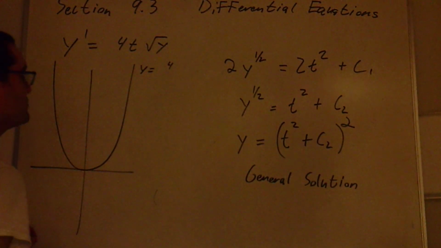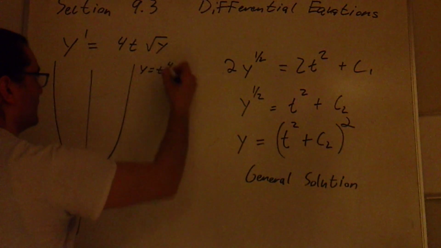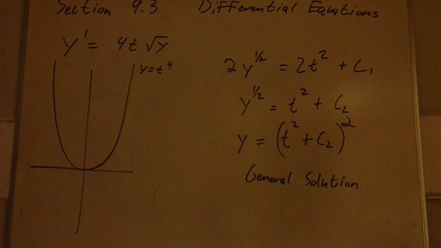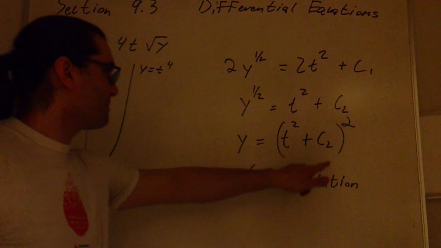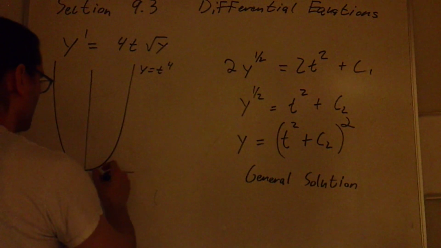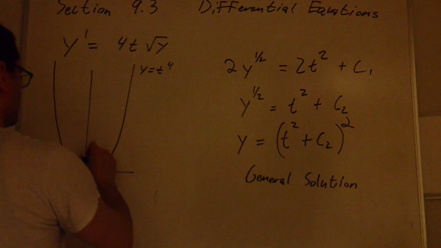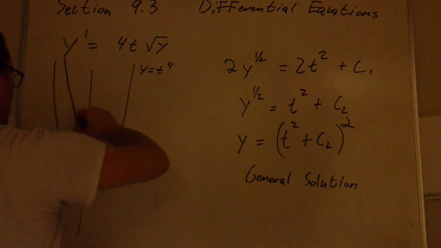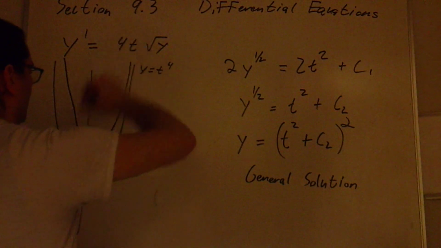This is the solution you get if c2 turns out to be 0. If c2 turns out to be 1, then we get t to the 4th plus 2t squared plus 1. So probably get something that's a little higher, maybe a little more skewed that way.